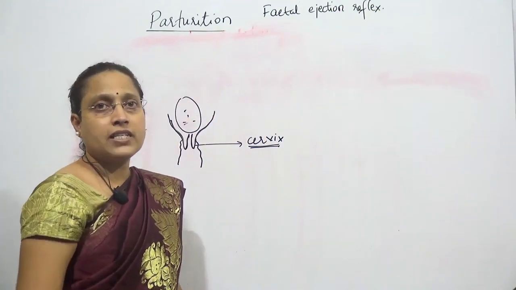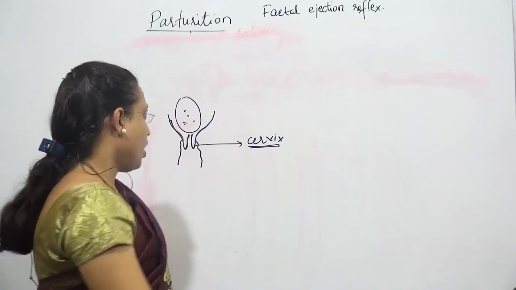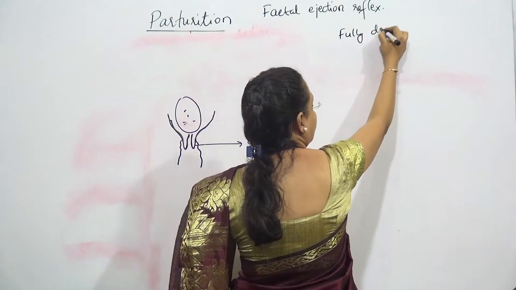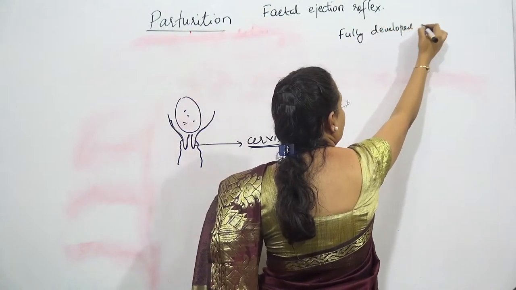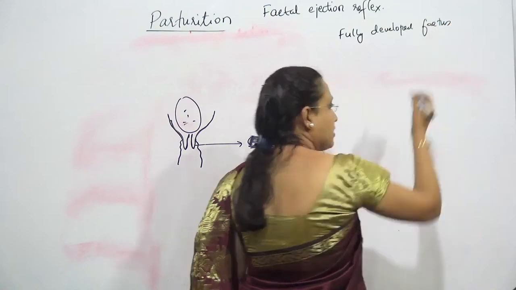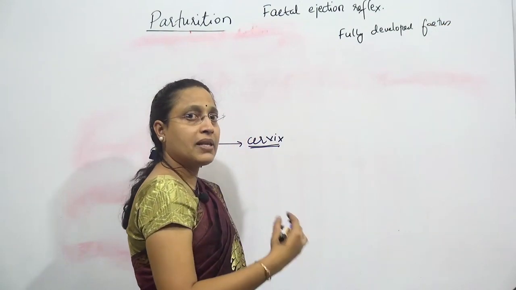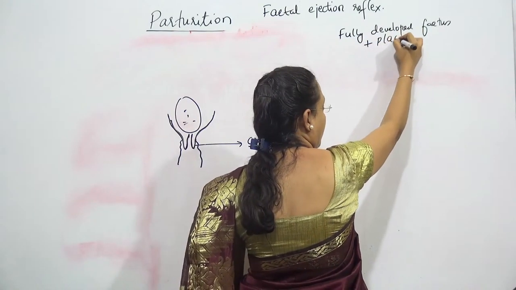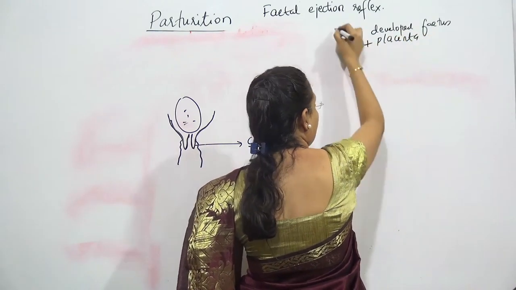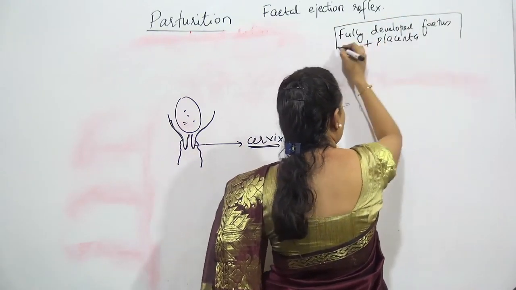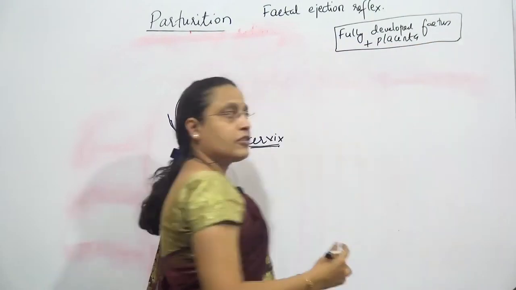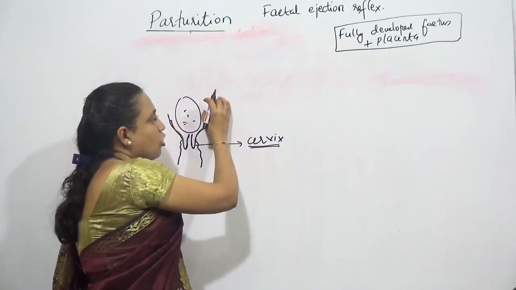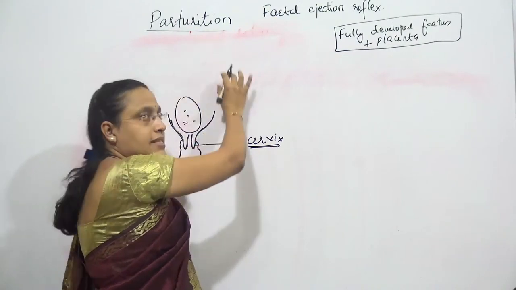Now, what is the fetal ejection reflex? A fully developed fetus will be there. Only a fully developed fetus is not enough. There should be a fully developed placenta also. A fully developed fetus and placenta can induce a mild contraction in the muscles of the uterus.